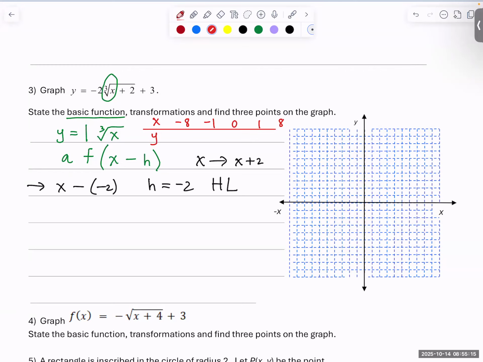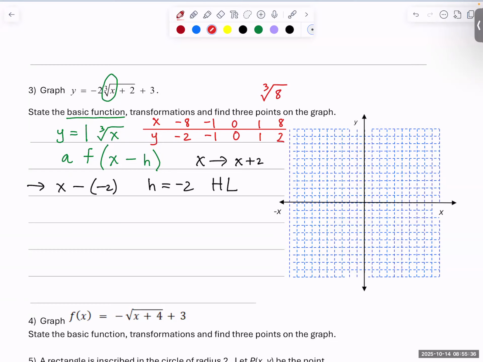So the cube root of negative 8 is negative 2. Cube root of negative 1 is negative 1. The cube root of 0 is 0. Cube root of 1 is 1. And the cube root of 8 is 2 because 2 cubed equals 8.